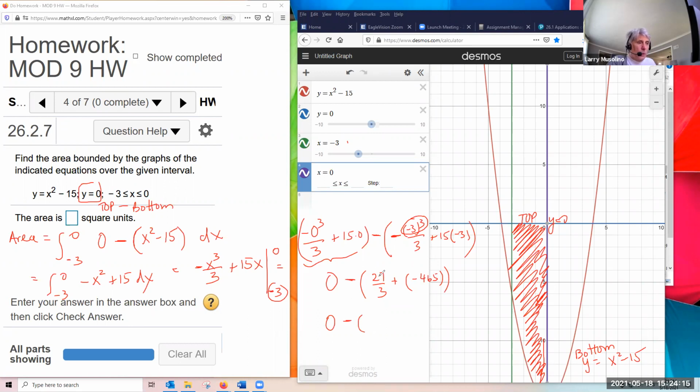Well, 27 over 3 is 9. And 9 plus -465 is -456, but there's a negative sign in front. So this answer looks like it's 456. So this red area is 456 square units.